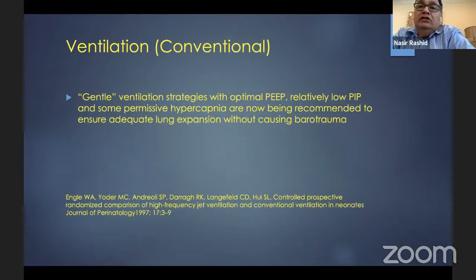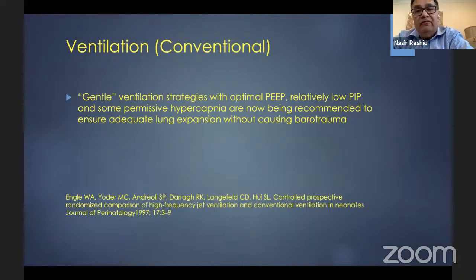When you do the ventilation, whether you do the conventional or high frequency, and I know there are parts of the world where high frequency ventilation may not be available, if you're doing a conventional ventilation, make sure you do a gentle one, where the PEEP should not be too high. Your PIP should be low to target PO2 of 55 to 80 in the arterial gas.